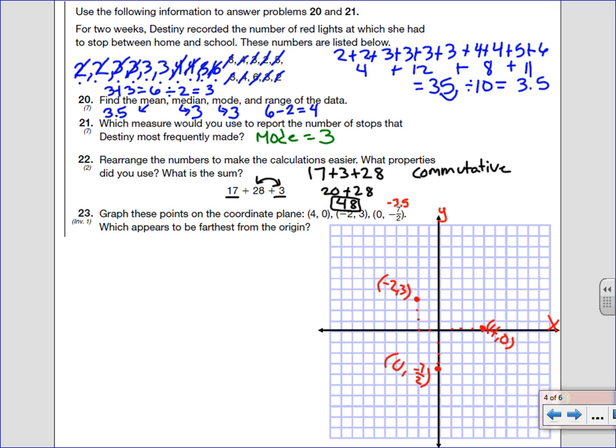Just by looking at this, it looks like 4, 0 is farthest. We know this spot is only 3.5 away from the origin, which is 0, 0. And -2, 3 doesn't quite look as far away as 4, 0.